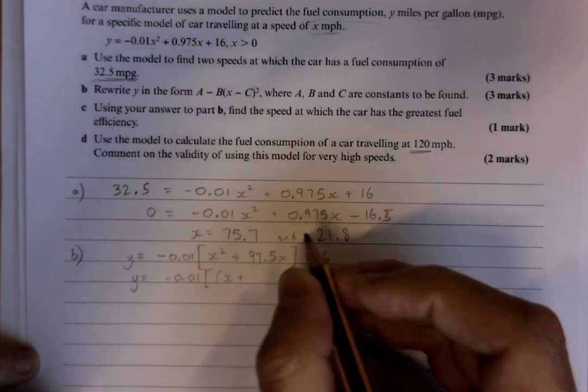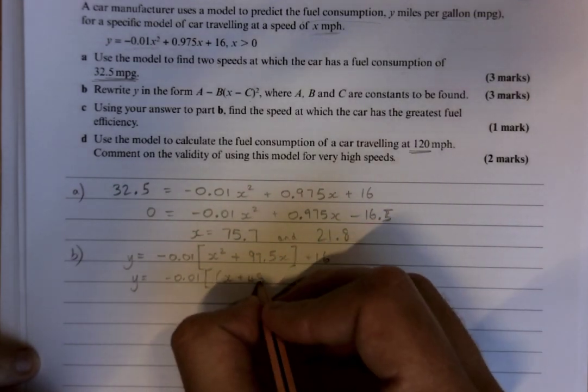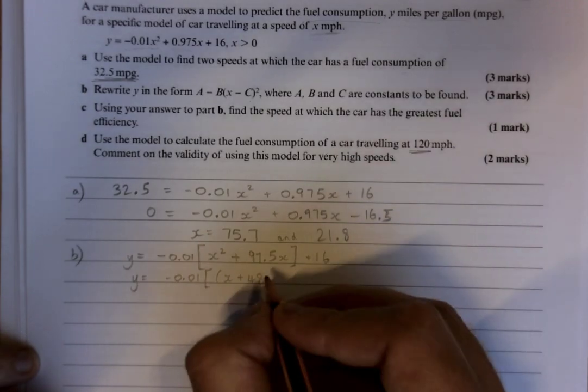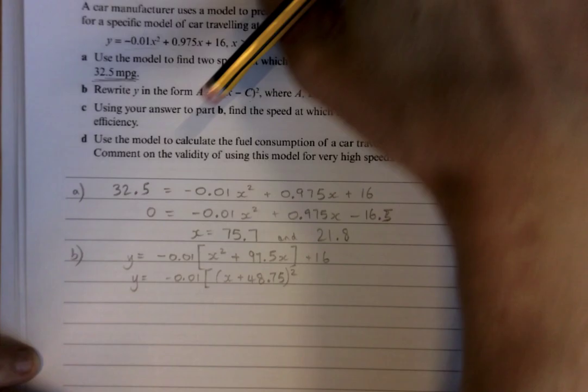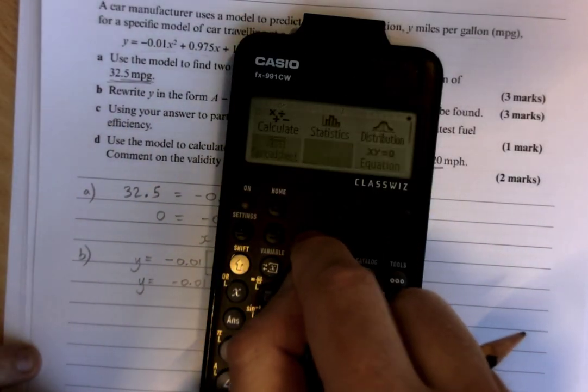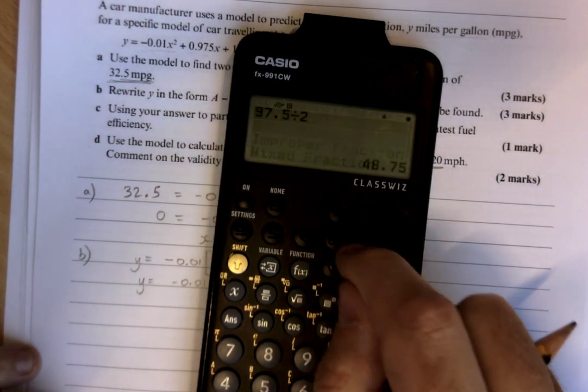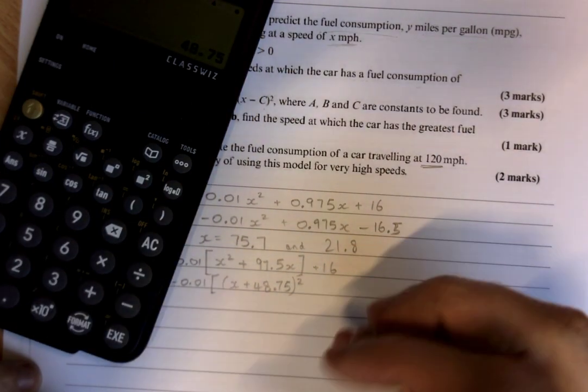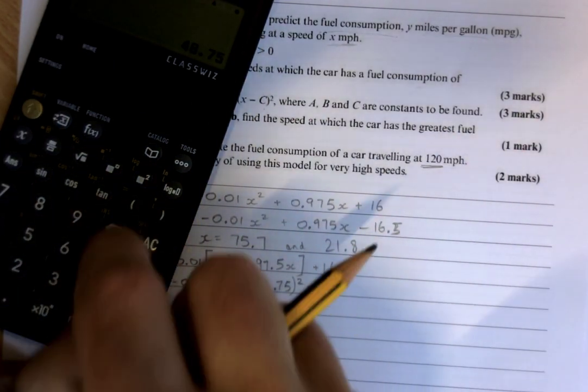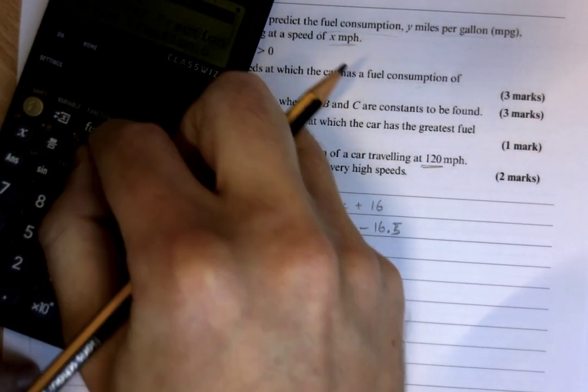Half of 97.5 is 48.75. Let's just check it. Yep. And then I'm going to have to take away 48.75 squared.